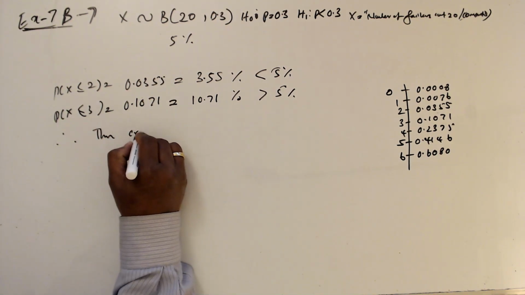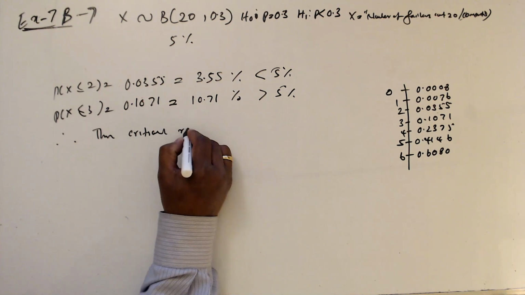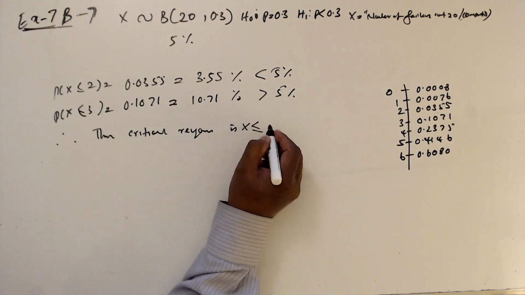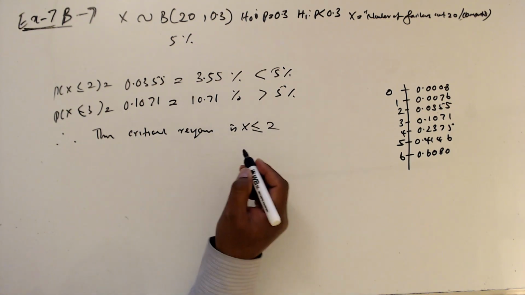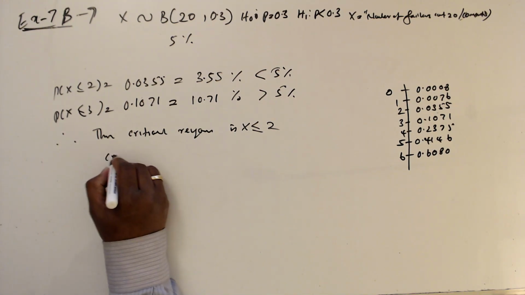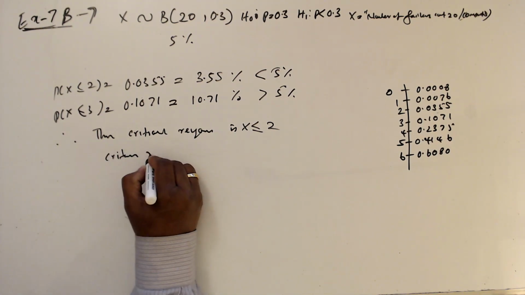the critical region is X less than or equal to 2, and the critical value is going to be 2.